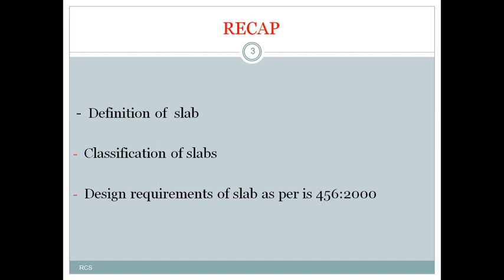And then we discussed the design requirements of a slab as per IS 456-2000. First of all, we have a requirement for the effective span of the slab. The effective span can be calculated based on two conditions. The first condition, for a simply supported slab, is the center to center distance between the supports, or the supporting walls. The other condition is clear span plus effective depth.